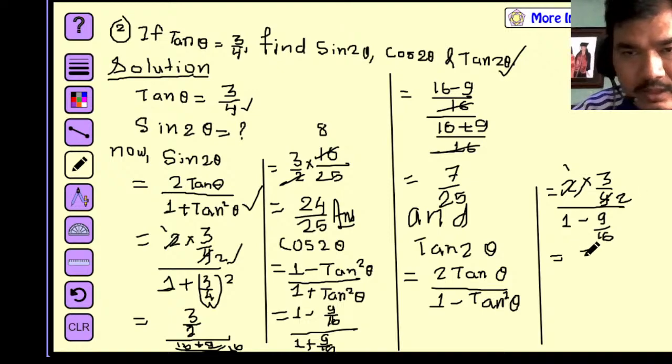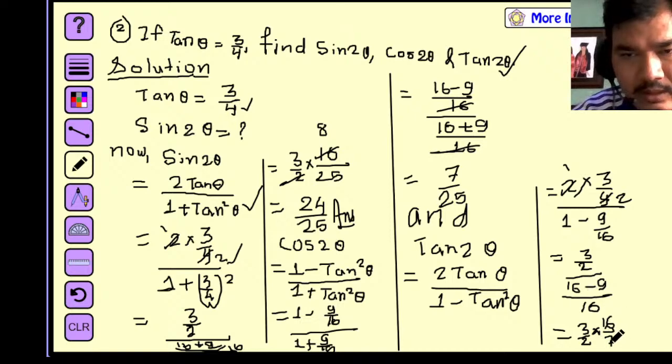Okay, then when you cancel this, 2 1s are 2, 2 2s are 4, then here remaining 3 by 2, okay, not 4. This is 3 by 2, whole upon 16 minus 9 by 16. Then we can show here now like this: 3 by 2, and multiply by this 16, goes up as reciprocal, and this 16 minus 9 will be here 7.